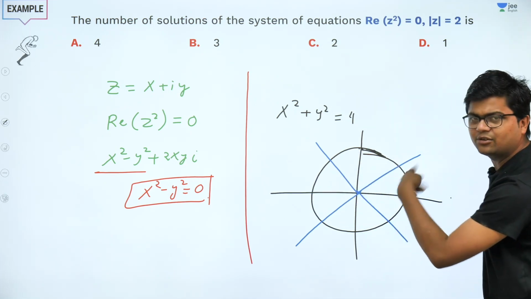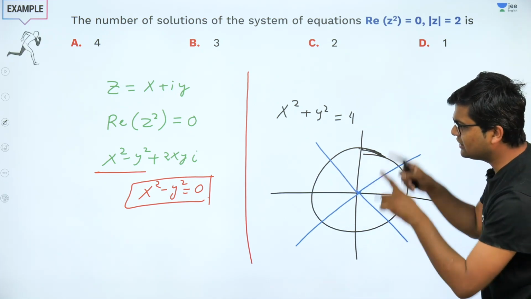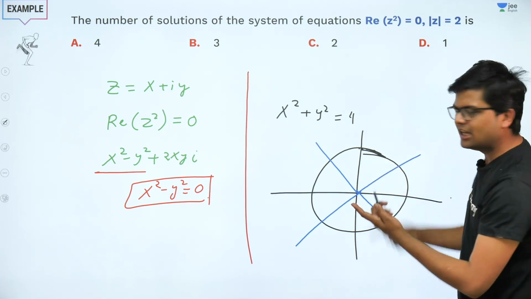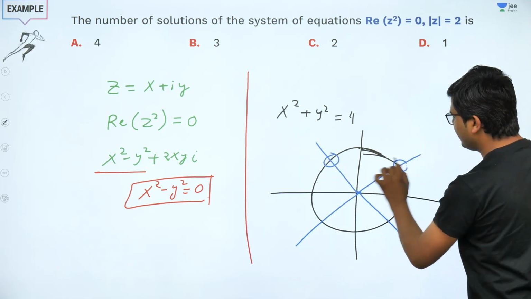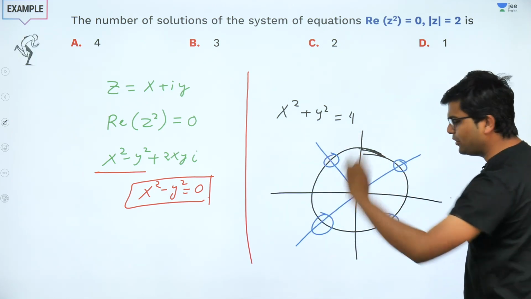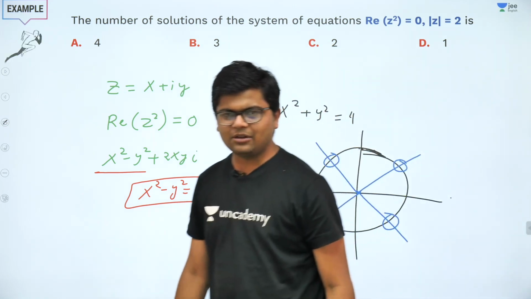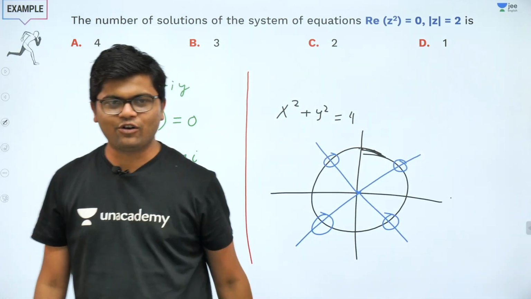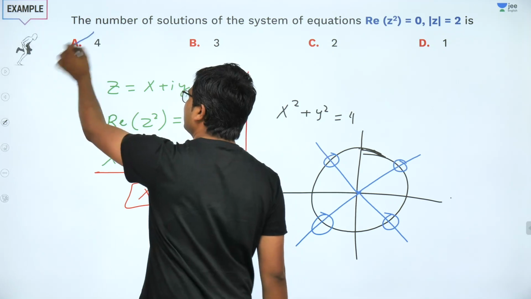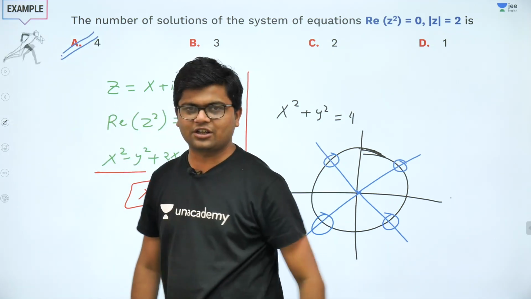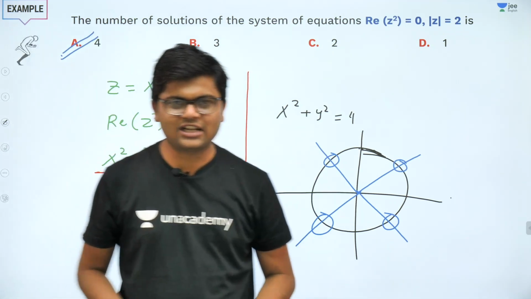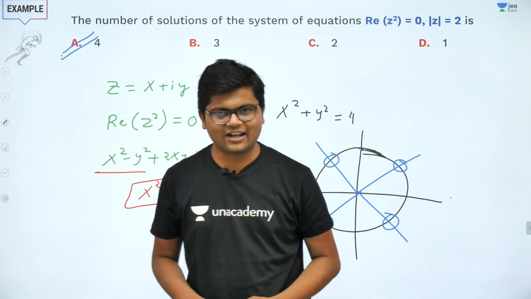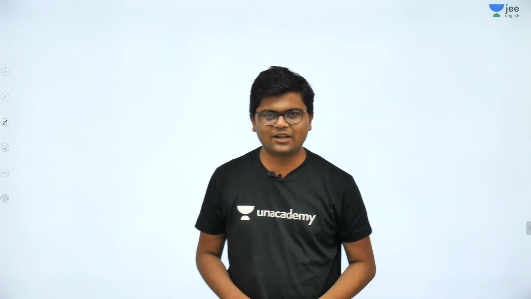If we need to satisfy both equations simultaneously, then geometrically we need to find the number of points of intersection, and these come to be 4. Therefore, the number of solutions for this system of equations will be 4, which is answer A. Got my point? Very good, students, very good.